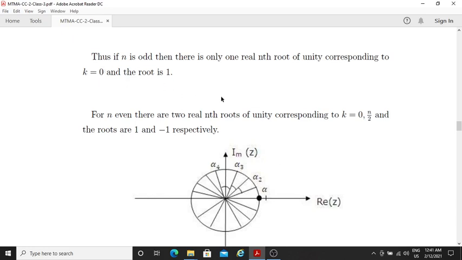Since 3 is odd, you are getting only one real root, that is 1, and the others are omega and omega square. If you try to find the fourth root of 1, then you will definitely see that the roots are 1, minus 1, and 2 other complex roots.